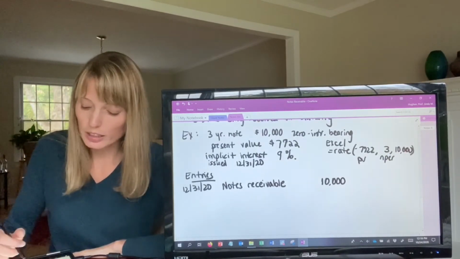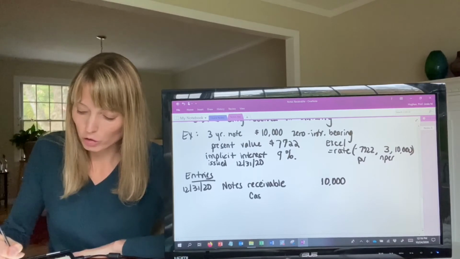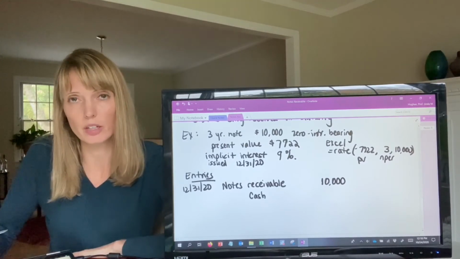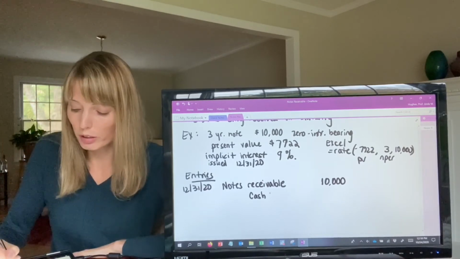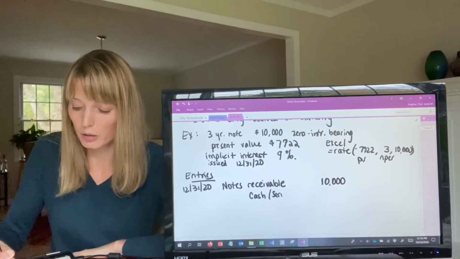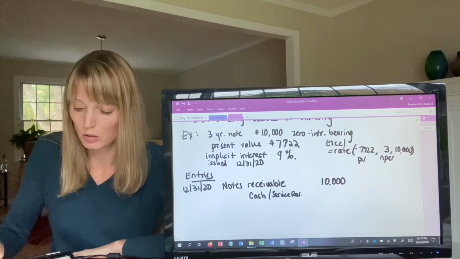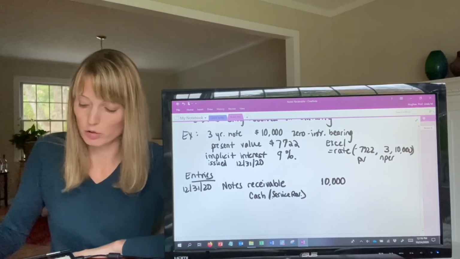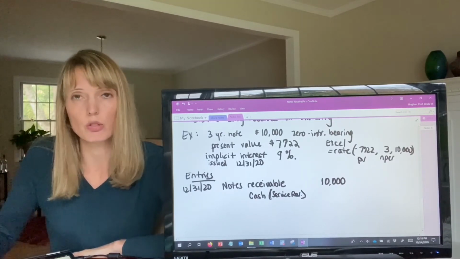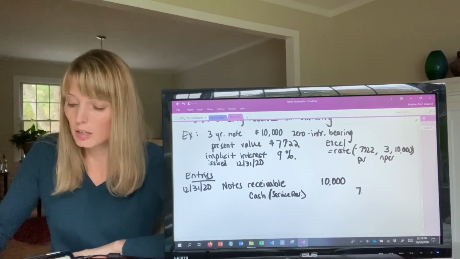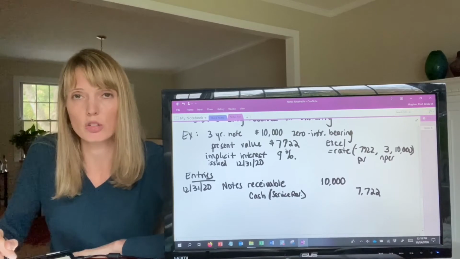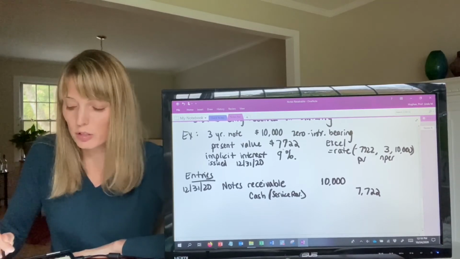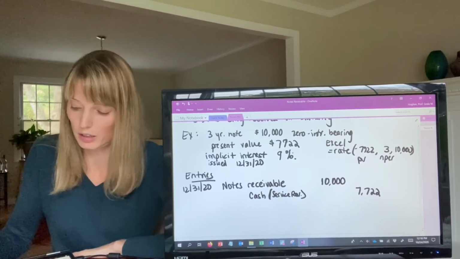We know that either cash was given out if the company is acting like just a regular lender, like a bank, or it could be if services were provided, it could be service revenue. So cash would decrease or service revenue would increase in the amount of what was given today. Either $77.22 was paid out or revenue services of $77.22 were provided.